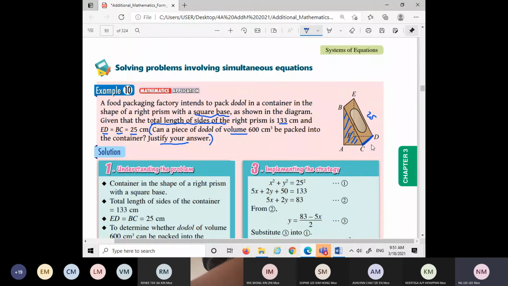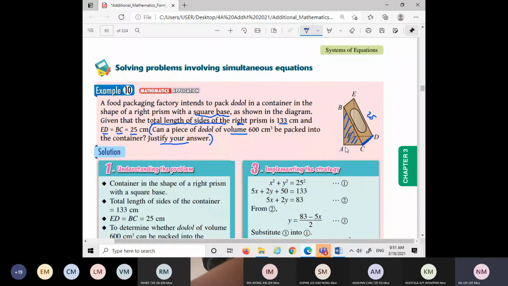Wait, let me think. This one I don't know. The only one I know is 25. This 25 will give me one of the equations. AB and AC, this is a right angle triangle because this is a right prism.